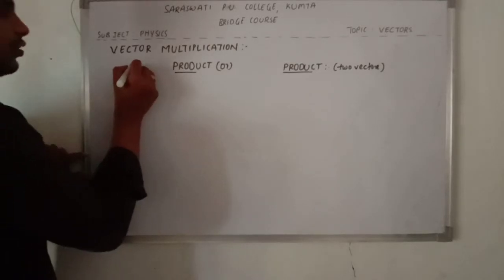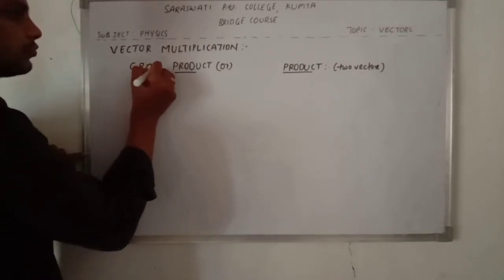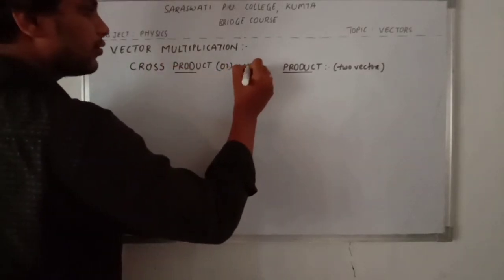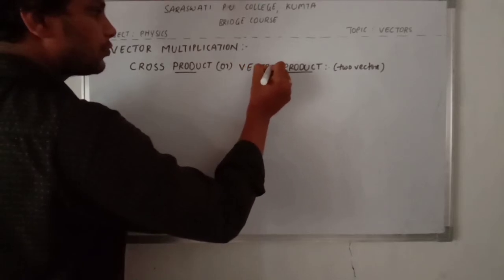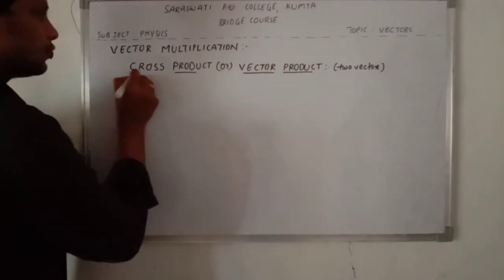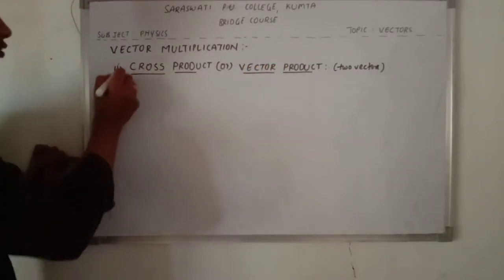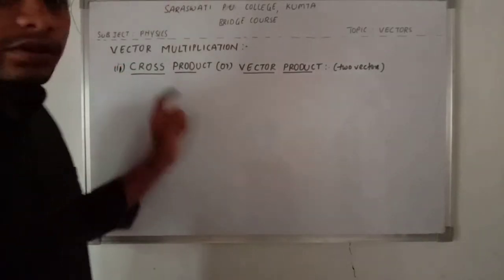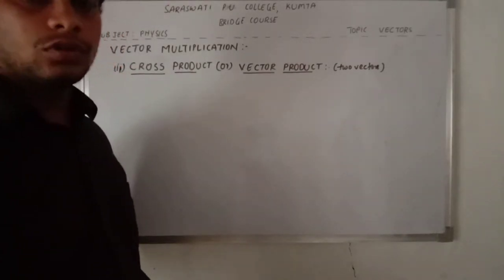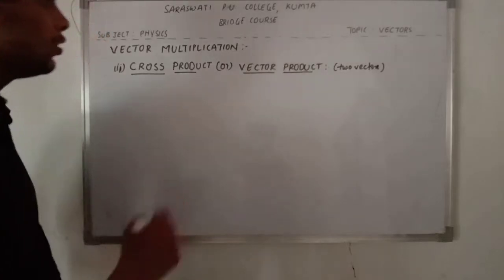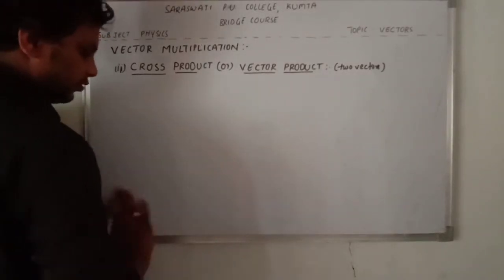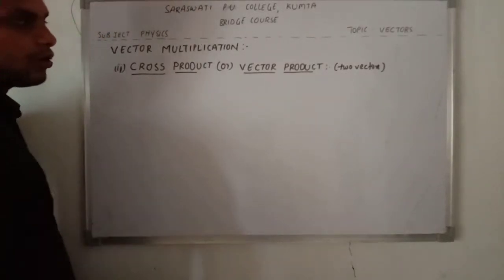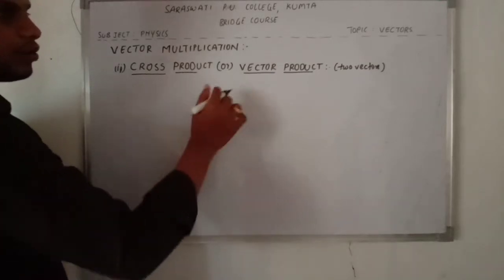Okay, the next one is cross product, or this is also called the vector product. Now most of the derivations will be based on this vector product or dot product. Now what is the cross product or vector product?